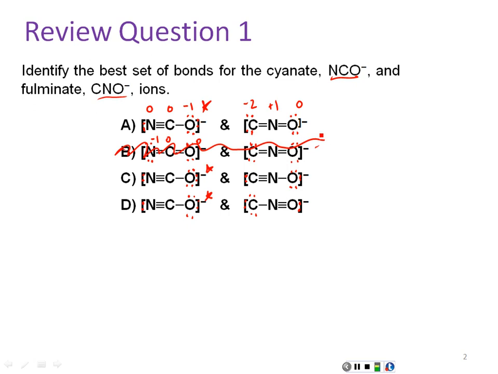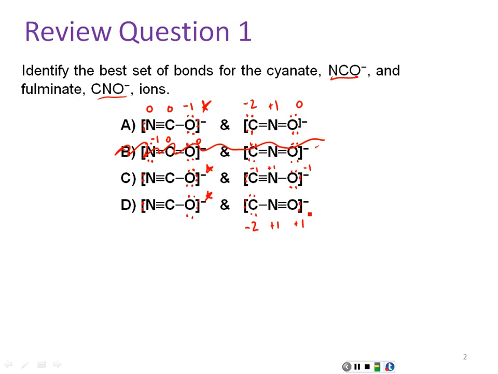So we can eliminate that choice. Let's look at the structure in C. Formal charge on carbon would be a -1, nitrogen would be a +1, and oxygen a -1. And the final structure, carbon in this structure is a -2 formal charge, nitrogen a +1, and oxygen a +1.